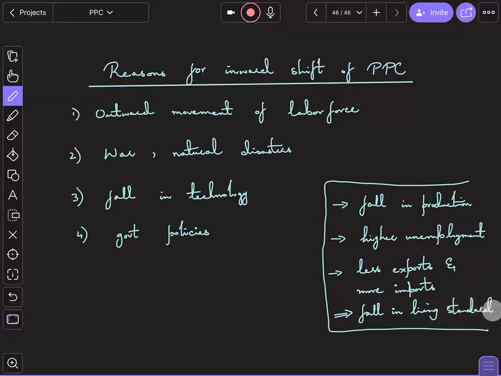So the living standard will also fall because of all of these results, like fall in the production, higher unemployment, less exports, and more imports.